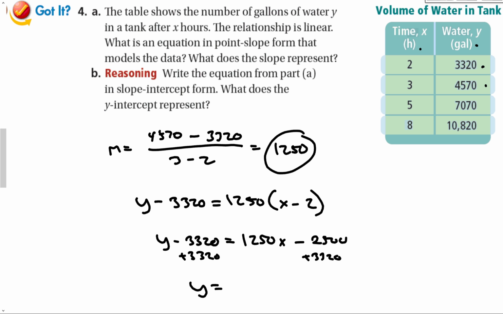So we get y is equal to 1250x plus 820. What does the y-intercept represent? The initial number of gallons of water in the tank. So this tank didn't start at 0. We started at 820 gallons. Okay, so it was not empty when we started.